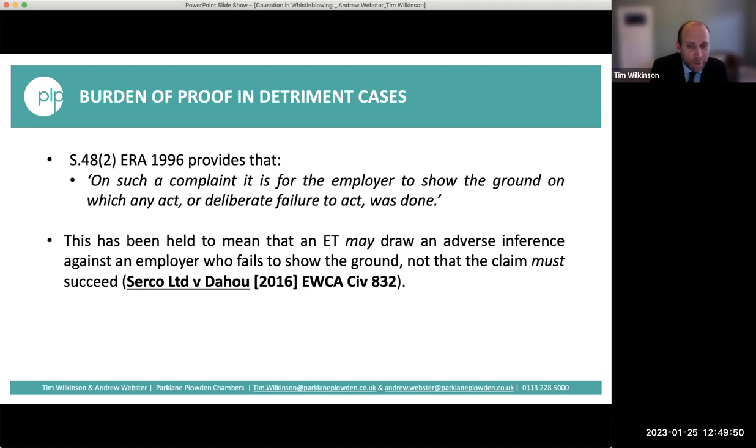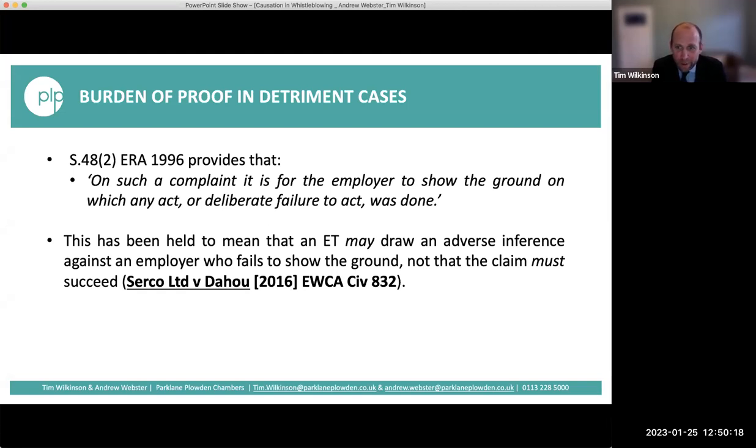I, perhaps unusually for me, was acting for a claimant in a whistleblowing detriment claim recently. There were a number of allegations, a number of detriments over a lengthy period of time. And following the hearing, the judgment was that the explanations provided by the respondent either weren't there or weren't accepted by the tribunal.